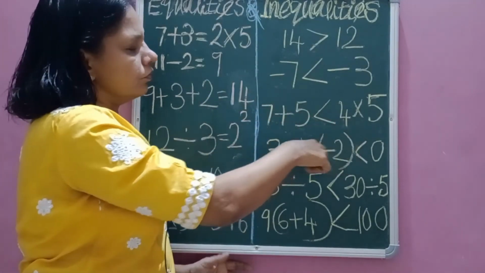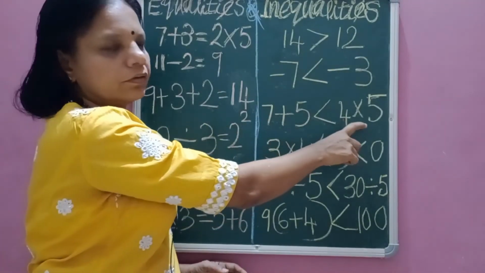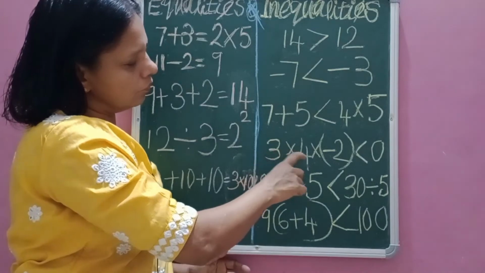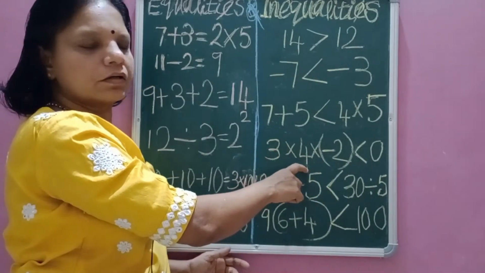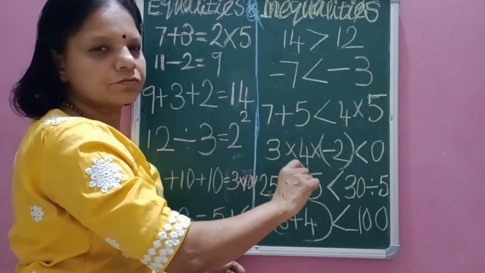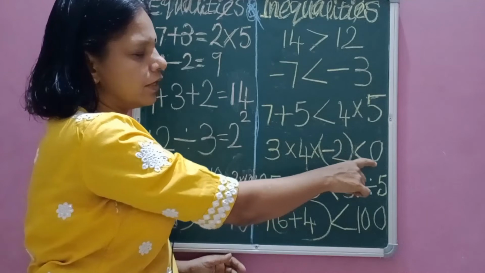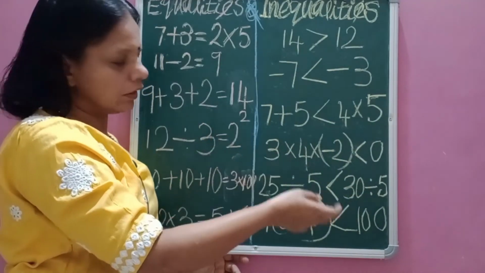What is 4 into 5? 20. 12 less than 20. 3 into 4 into minus 2. 3 4s are 12. 12 2s are 24. But minus sign, so minus 24. Minus 24 is less than 0.